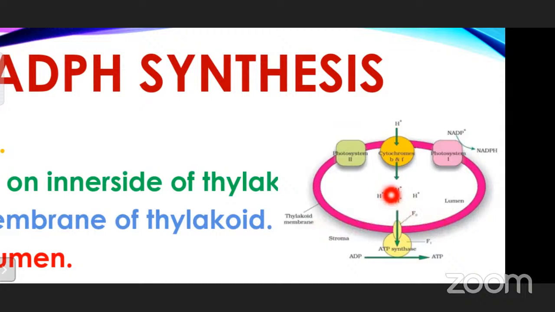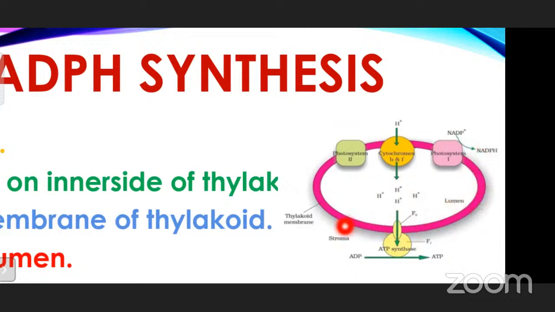And when these protons are coming out, what happens to them? They are in the stroma, which means they are going to combine with the NADP, which already took some electron from photosystem 1, and the protons are added and it is getting reduced to NADPH2. So here NADPH2 and ATP are the end products of the light reaction, as well as oxygen, which is formed in the lumen.